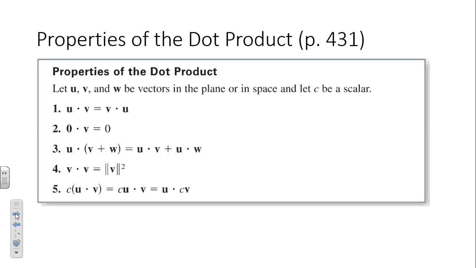If vector v has a horizontal component of A and a vertical component of B, then if I dot it with itself, that means I'm taking A, B, and dotting it with A, B. Yep, a squared and b squared, right?